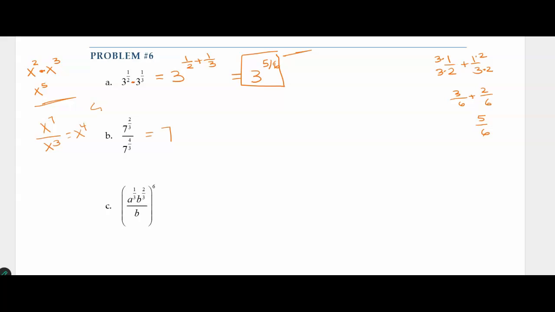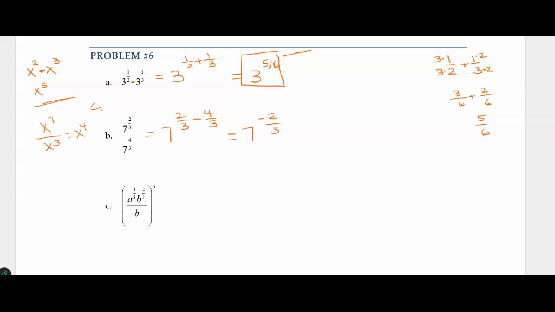We have 7. It's always the top exponent, so 2/3 minus 4/3. Well, on this one, we already have a common denominator. Hallelujah, we don't have to go find it, but let's go ahead and subtract them. So 7, 2 minus 4 gives me -2. And then 3 is left in the bottom.